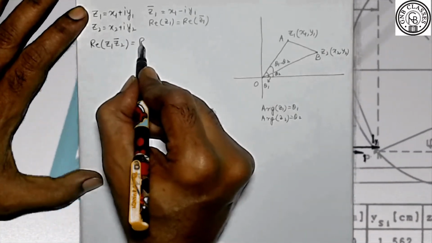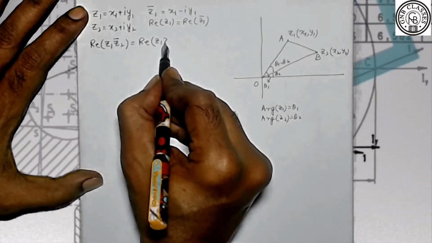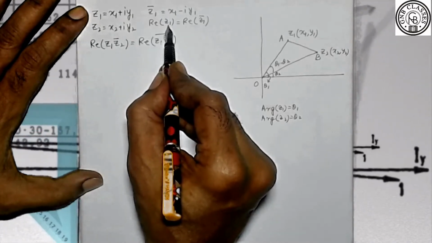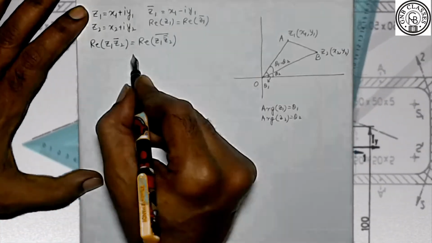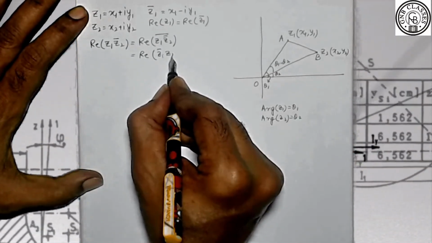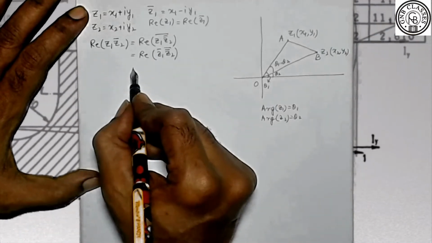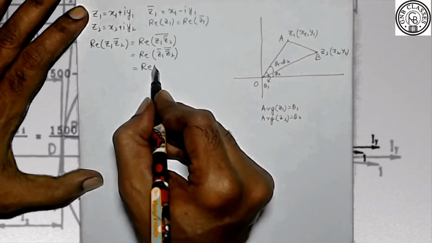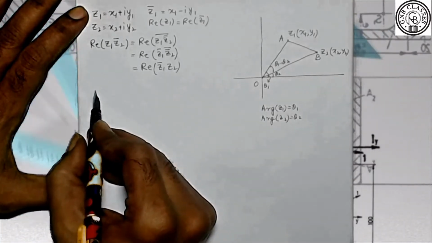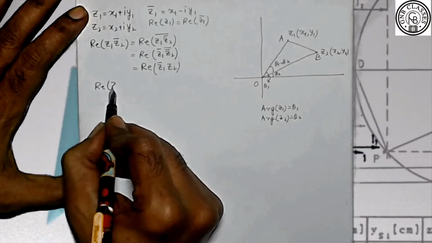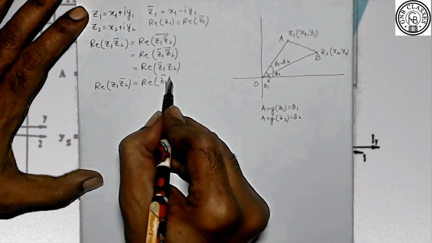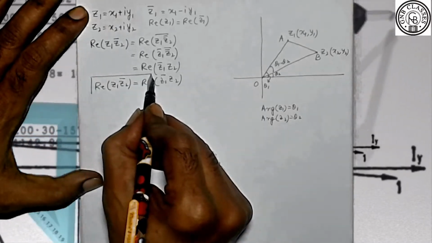This is the same as the real part of z1 z2 bar whole bar, because the real part of z1 is the same as the real part of z1 bar. So from here we can write it is the real part of z1 bar z2 bar bar. So it gives you the real part of z1 bar z2. So what we have learned basically is that the real part of z1 z2 bar is the same as the real part of z1 bar z2. It's a very important point.